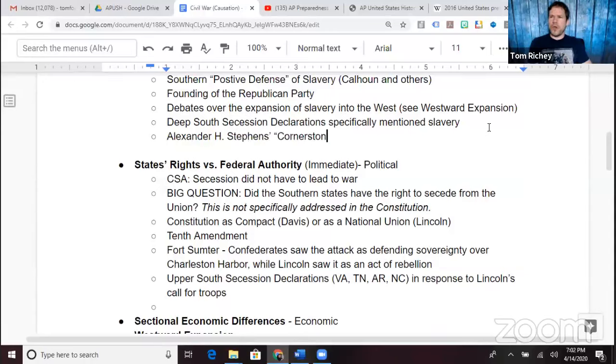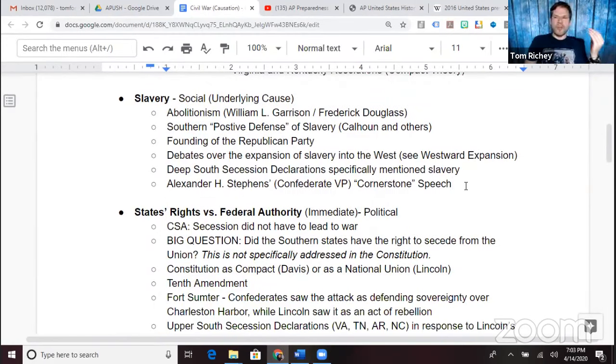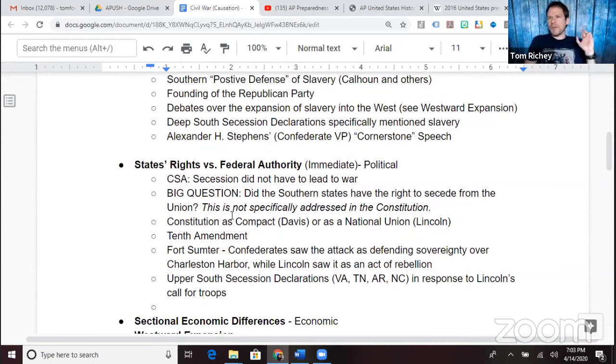Alexander Stephens was the Confederate VP, who ironically was against secession in the first place. Stephens' cornerstone speech is another piece of evidence where he says that the racial hierarchy in the defense of slavery is the cornerstone of the Confederacy. That's what the slavery causation advocates are bringing in here.